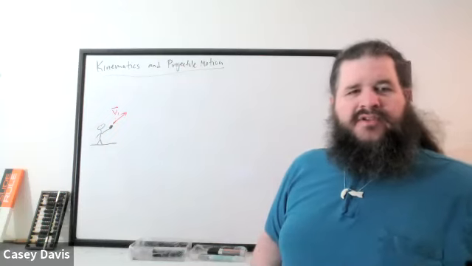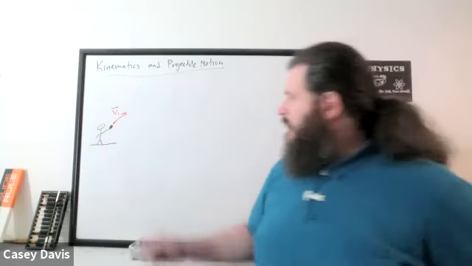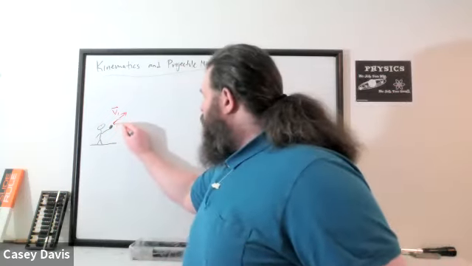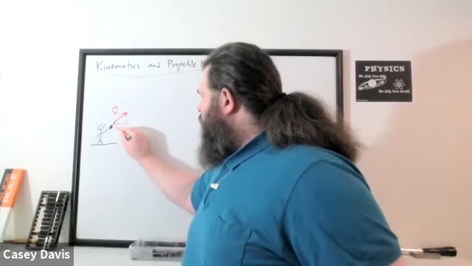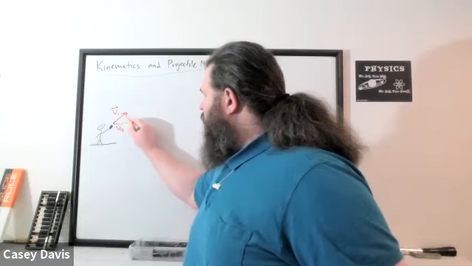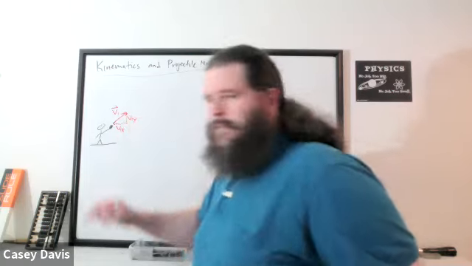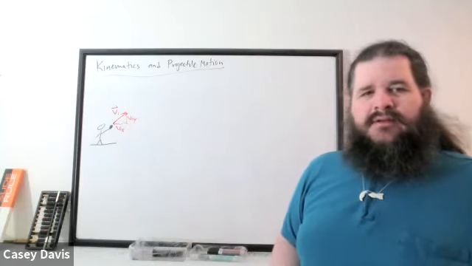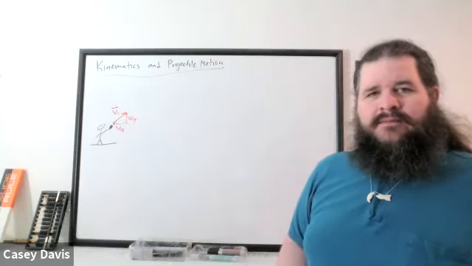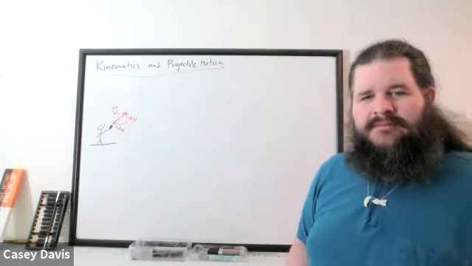And of course, that initial velocity, maybe you throw it diagonally, can have an x component and a y component, v_ix and v_iy. And once it leaves your hand, gravity is the only force acting on it. And what do we know about gravity?